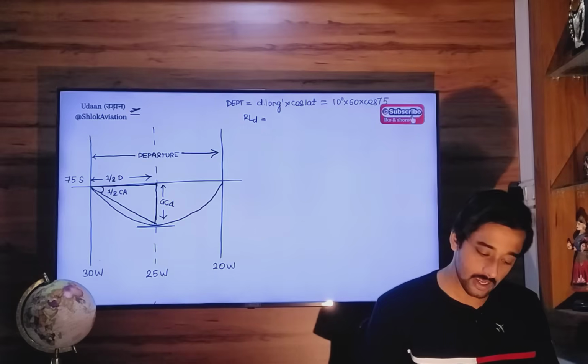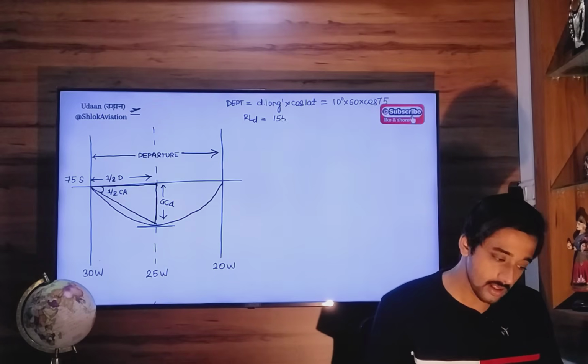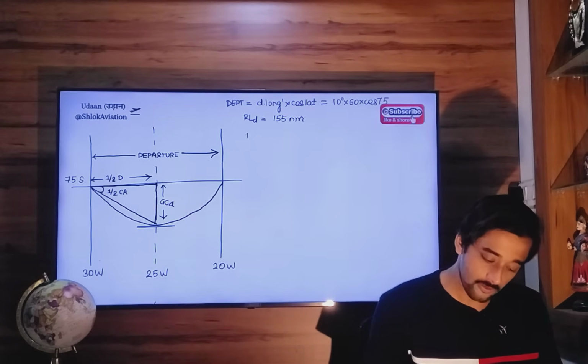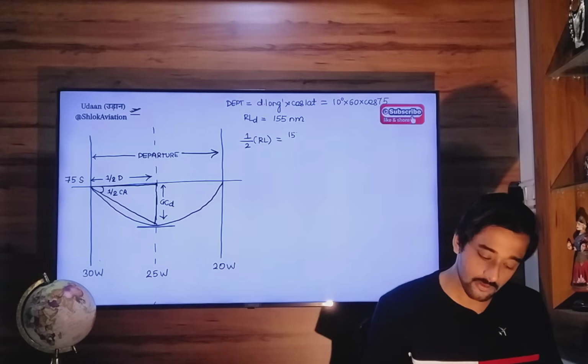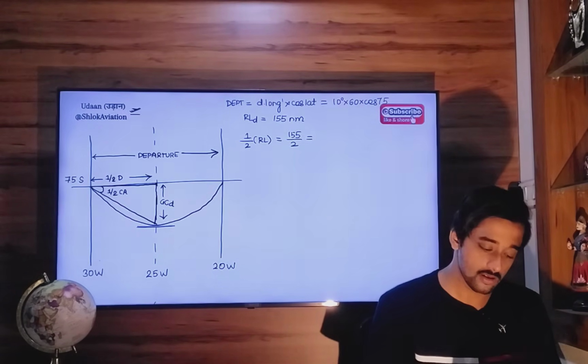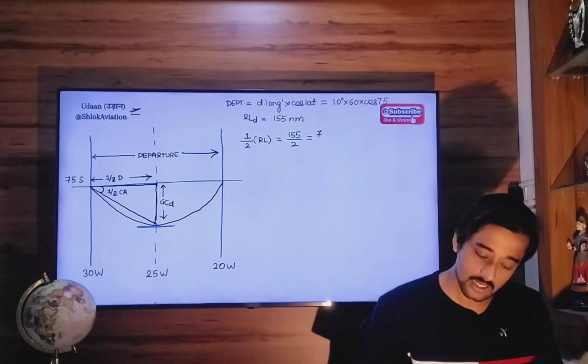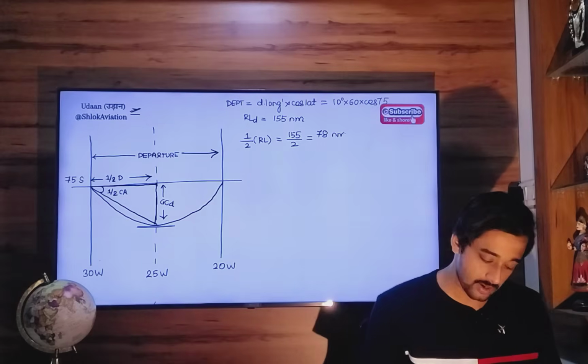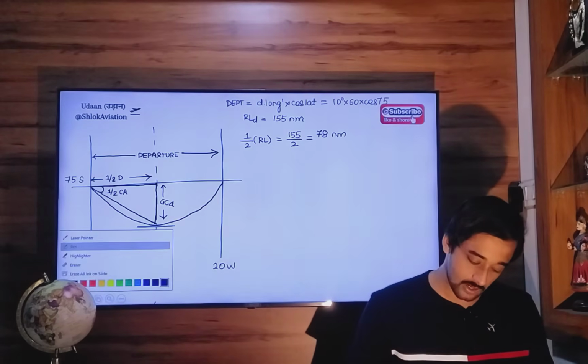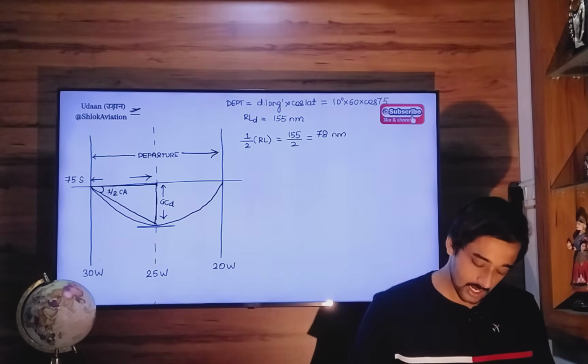So 155 nautical miles. The half of rhumb line distance will be 155 by 2, 77.6, or let's say 78 nautical miles. So this side of the triangle is equal to 78 nautical miles.